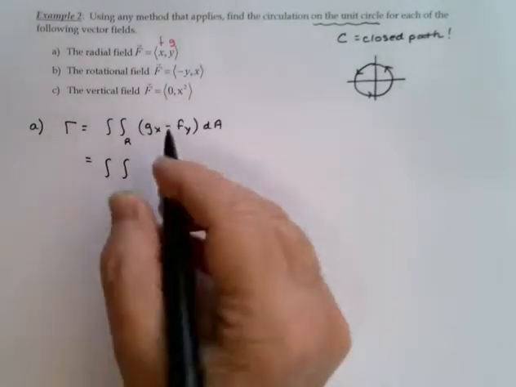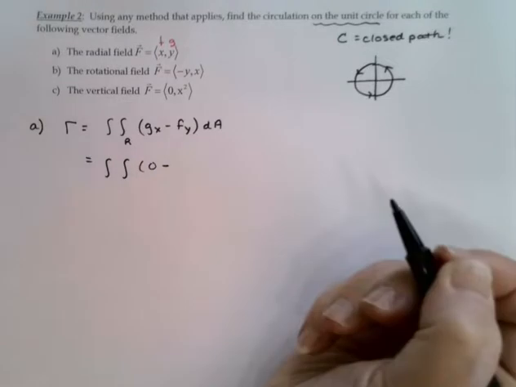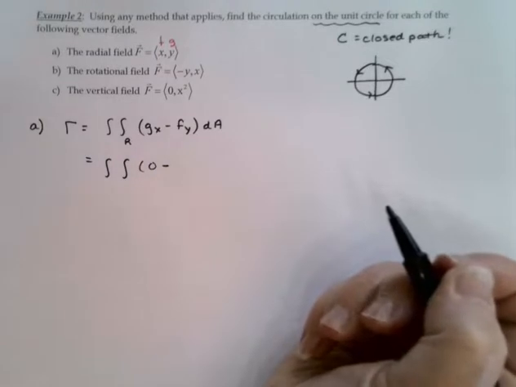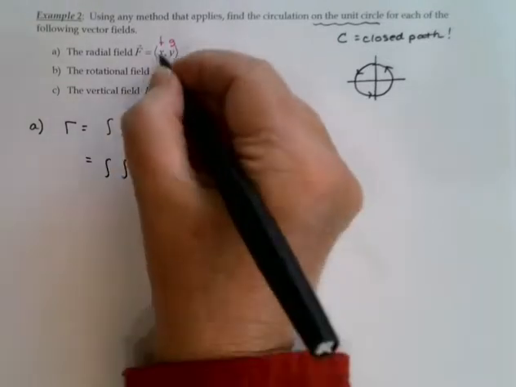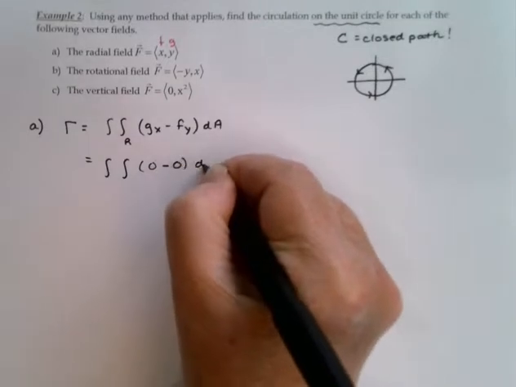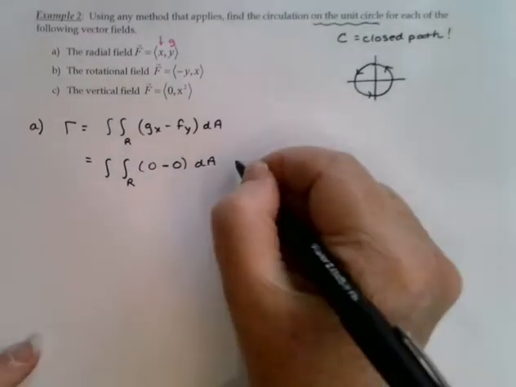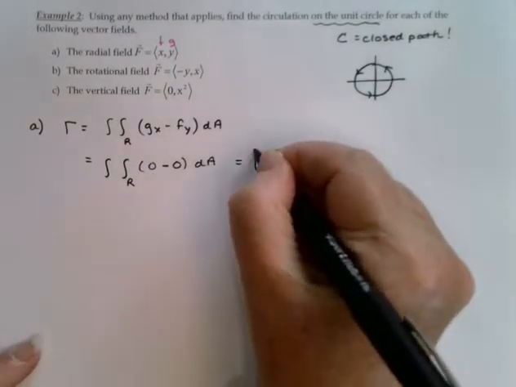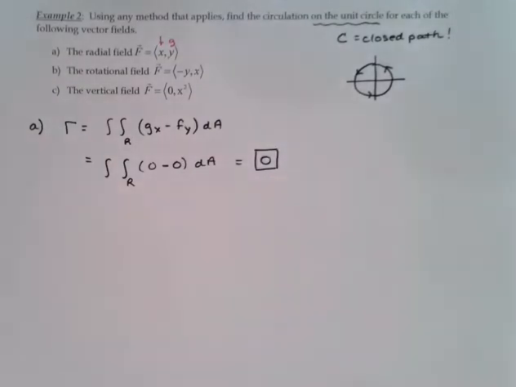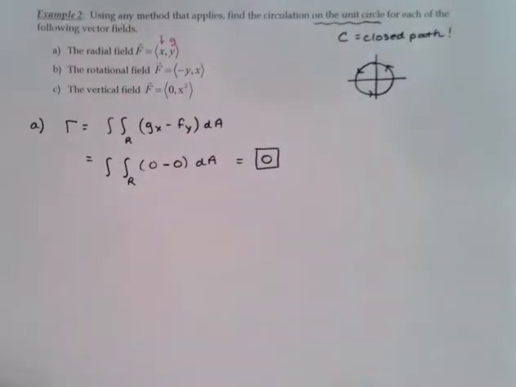G with respect to x is 0, and f with respect to y is also 0. So I don't really even have to set up that integral, because no matter what, when I integrate 0, I'm going to get 0. So like we predicted, 0 for a circulation there.